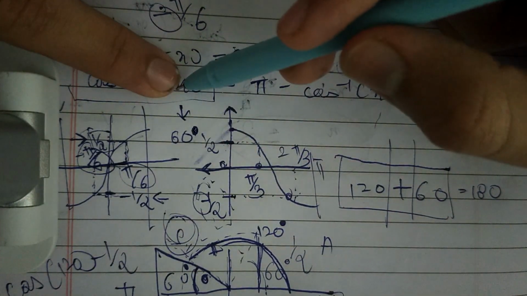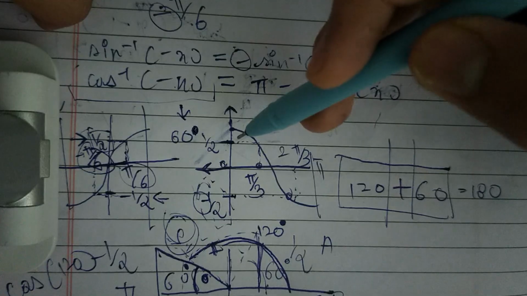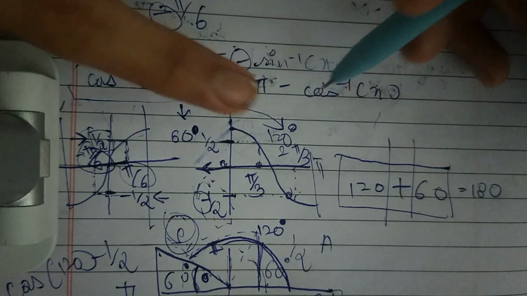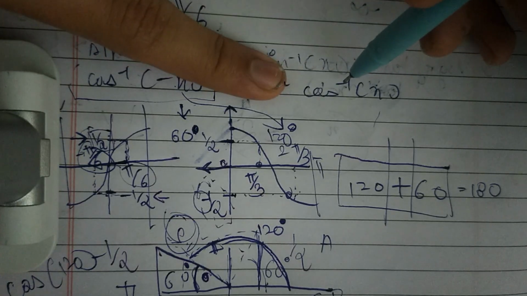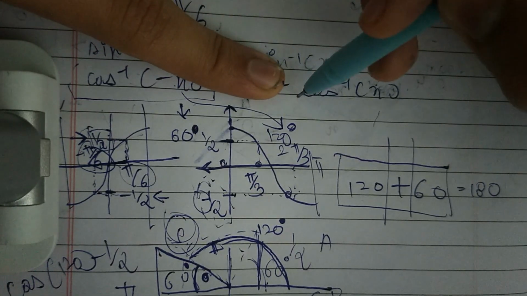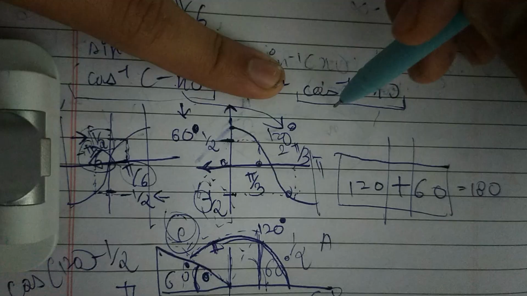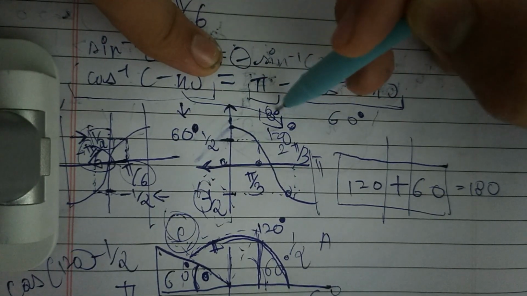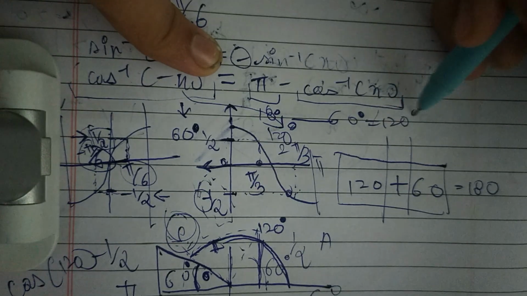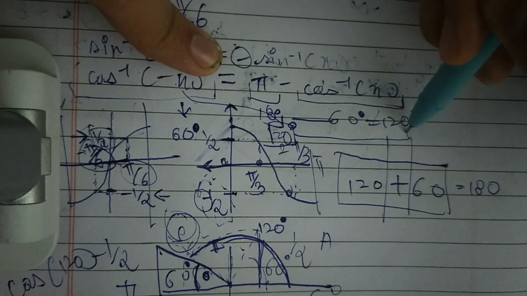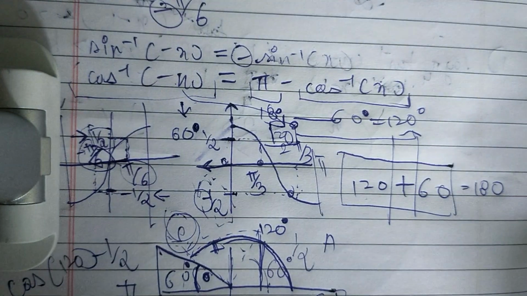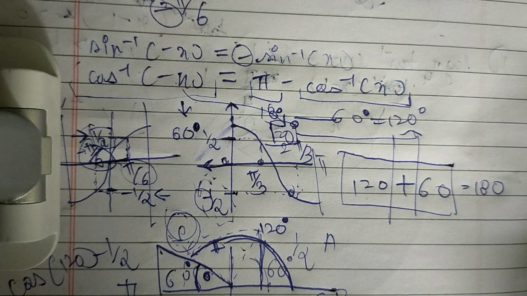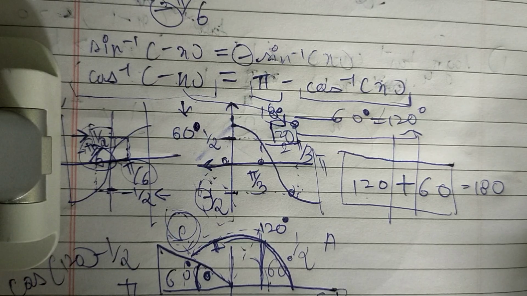Now as soon as I put minus 1 by 2, I get 120 degrees, right? Now what is cos inverse of 1 by 2? 60. And what is pi? 180. So 180 minus 60 is 120, and that's our value. So this is the reasoning behind negative angles in inverse trigonometric functions.